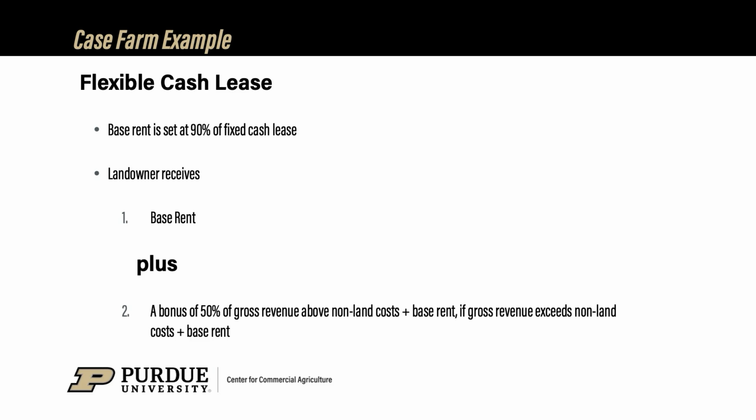And so if the gross revenue is above that cost trigger, the gross revenue is shared 50-50. So 50% of that extra gross revenue would go to the landlord, 50% would go to the operator. If the gross revenue is below that cost trigger, then there's no bonus. And about half the time, from 2007 to 2024, there was not a bonus. About half the time, there was a bonus.